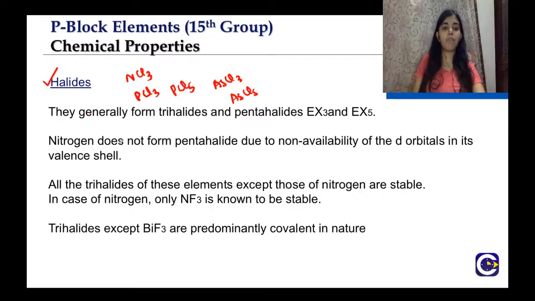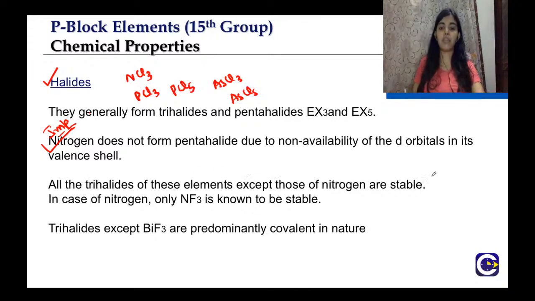Nitrogen does not form pentahalide. This is very important. Why does it not form pentahalide? Because it can have a maximum covalency of 4 only, right? It can make only 4 bonds. It does not have a vacant d orbital in which it can accommodate the extra electrons, so it cannot expand its octet, and therefore it cannot form pentahalide.